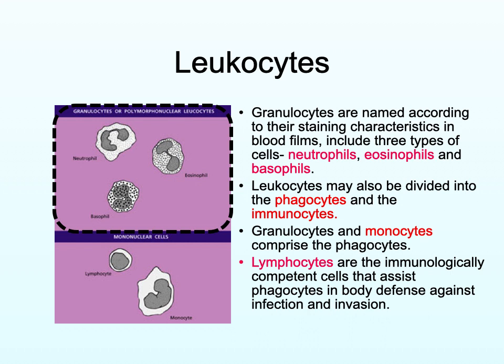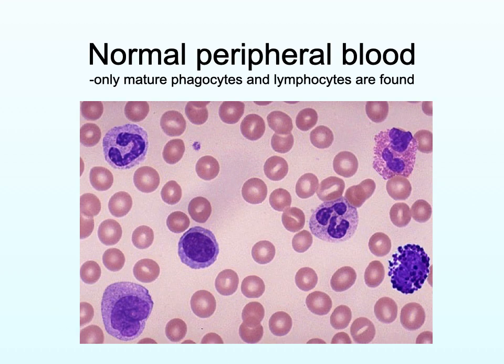Leukocytes may also be divided into the phagocytes and the immunocytes. Granulocytes and monocytes comprise the phagocytes, while lymphocytes are the immunologically competent cells that assist phagocytes in body defense against infection and invasion.